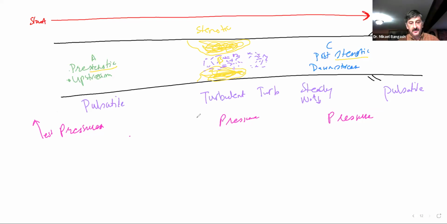At the stenosis will be the lowest pressure, whereas post-stenotically is going to be a low pressure.